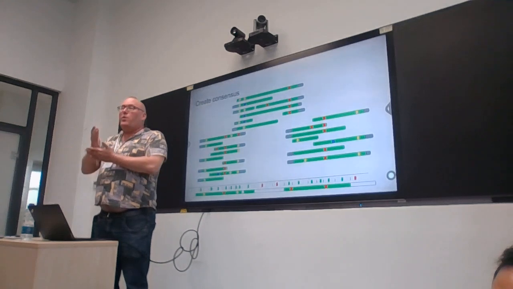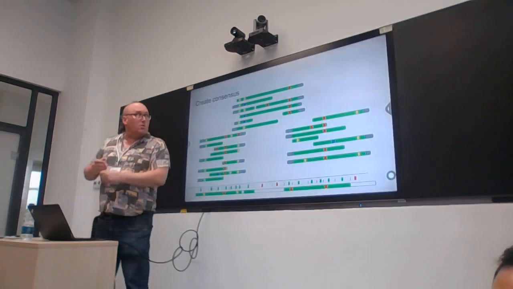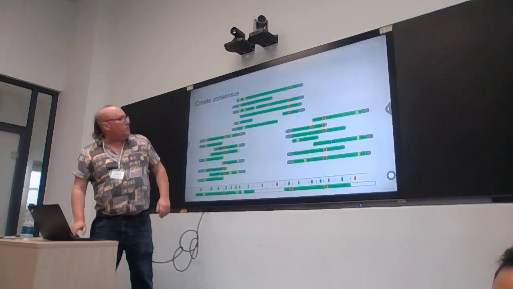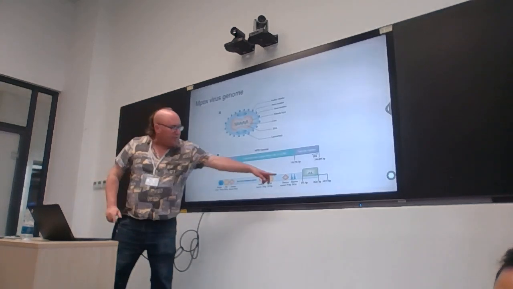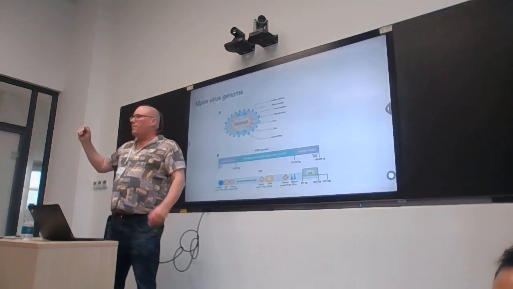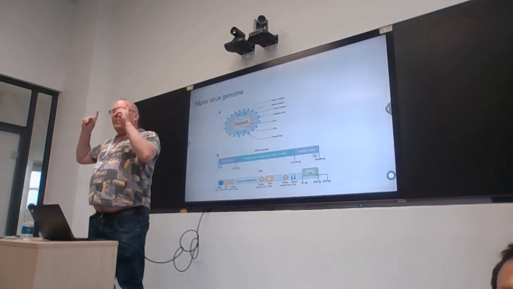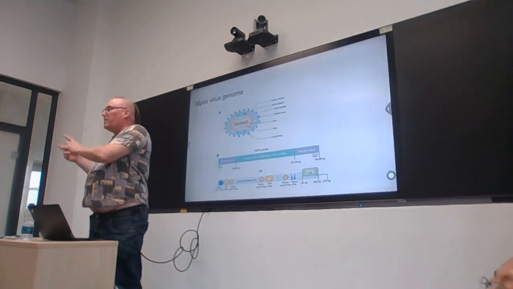It's the same thing with Mpox, except it's worse. It's worse because of the repetitive regions. I'll just go back to a previous slide. It's worse because of these things. When you have repetitive DNA, it means that some patterns of DNA are repeated.